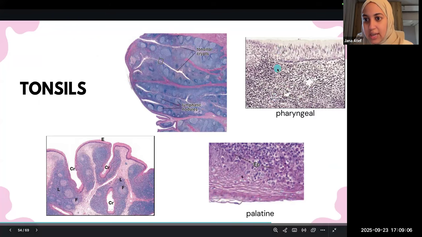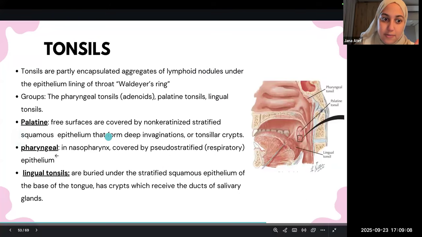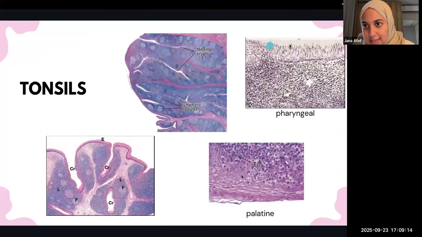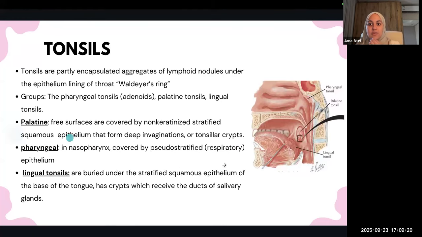On the other hand, pharyngeal tonsils are covered by pseudostratified epithelium and it has keratin. Where is it? Here. This white part is the keratin. So pharyngeal are keratinized, palatine are not. Stratified means on top of each other. Squamous means flat cells, so stratified squamous is flat cells on top of each other.